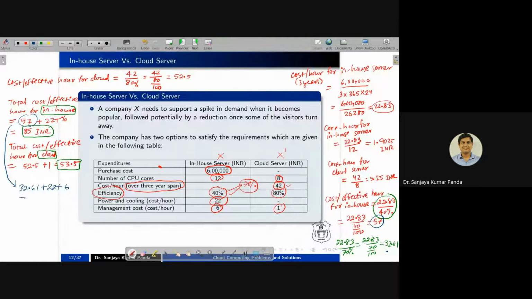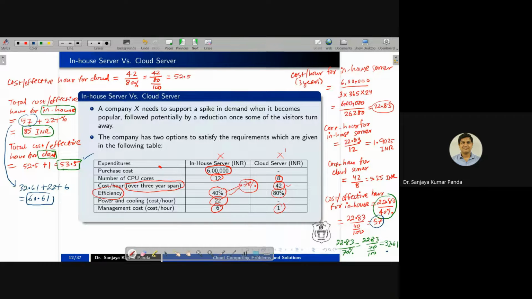You will get 60.61. Right? So the total cost per effective hour for the in-house server is 60.61, but the cloud cost is still 53.5. Which deployment is better? Obviously, cloud deployment is better.